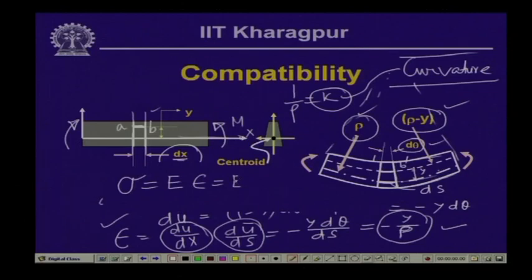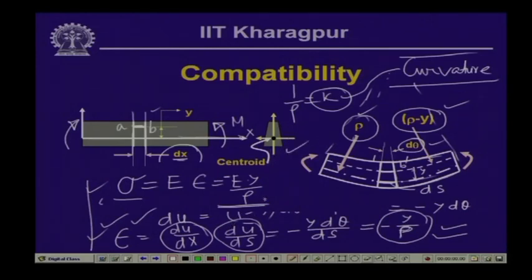So, the stress sigma is equal to E times epsilon, and this is equal to E times minus y by rho. So, epsilon is minus y by rho and sigma is minus E y by rho. So, these are the values of the strain and the stresses. These are the normal strain and stress which act on the cross section of the member.